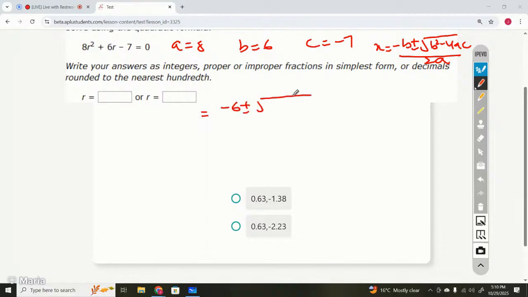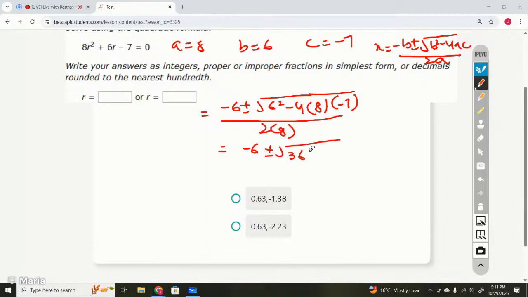So negative 6 plus minus 6 square minus 4, a is 8, c is negative 7. So let's just do the calculations.